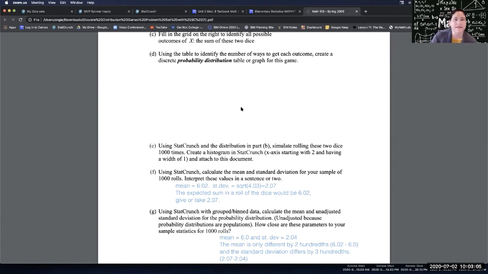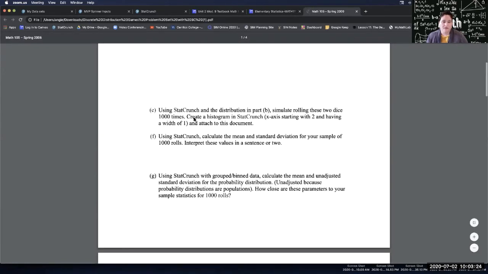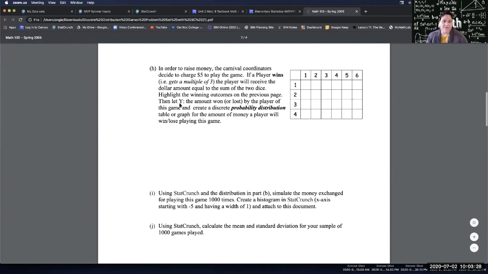All right, so let's go back. Is everybody okay? Can I clear this annotation in Zoom? Yes. Okay, cool. So I'm going to clear that, and then we're going to move on to the next part. So now the carnival wants to make money, okay?